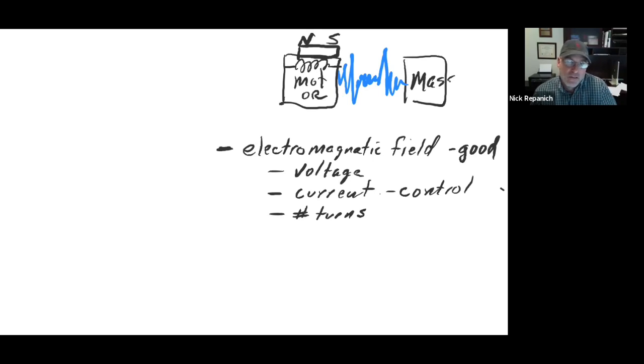So there's a balance there, but you have control over that. So the manufacturer controls this and that. He tells you how much current to put in it, and here's the strength of the field that they wound it to. Okay, so it makes an electromagnet. That's good. Any downsides to an electromagnet?